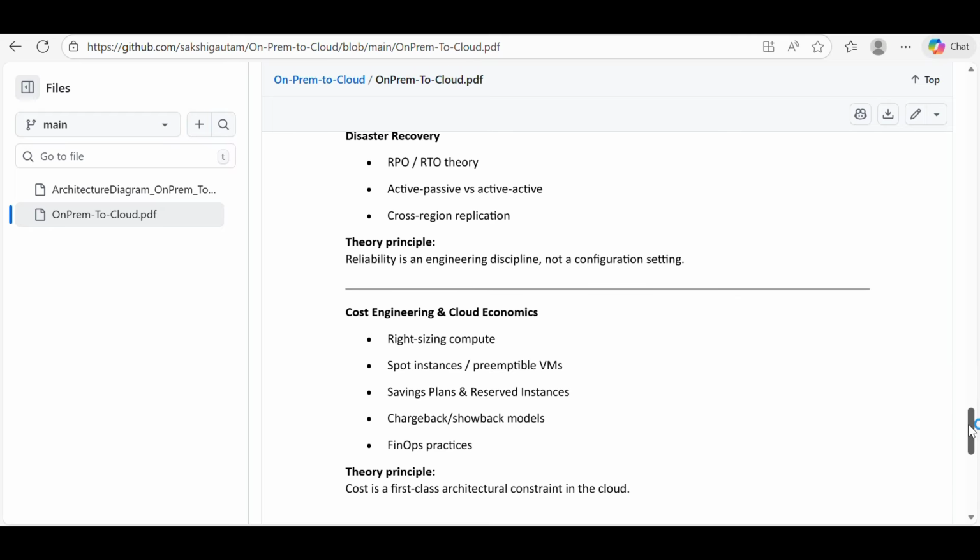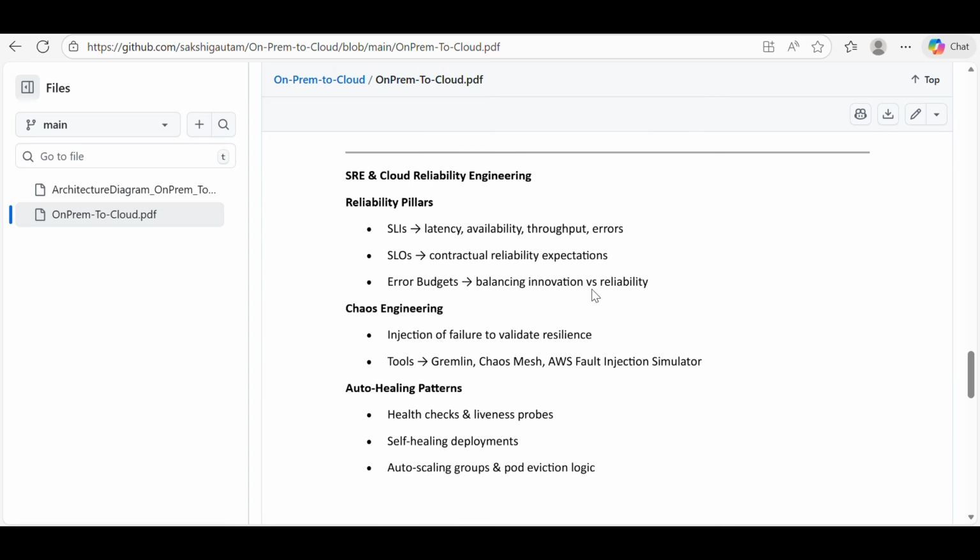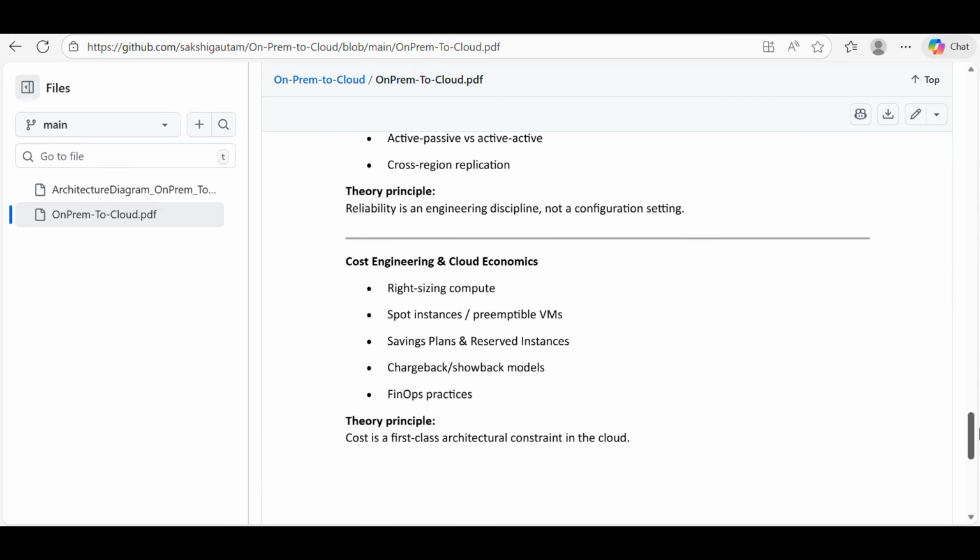We have to always be testing this, because we will never be able to say we have done everything and our application is fully reliable. We don't know what can come.